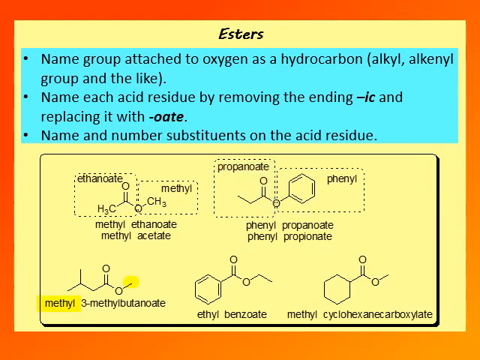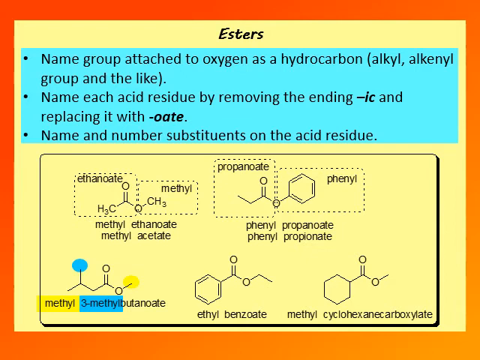Here is another little bit more complex example. So again, substituent on oxygen is methyl. And then we have another methyl group that is substituent on the chain of the carboxylic acid. This is also methyl. But these 2 methyl groups cannot be combined because they're on different parts of the molecule. One methyl group is substituent on oxygen, the other one on carbon chain. So we cannot call this dimethyl.